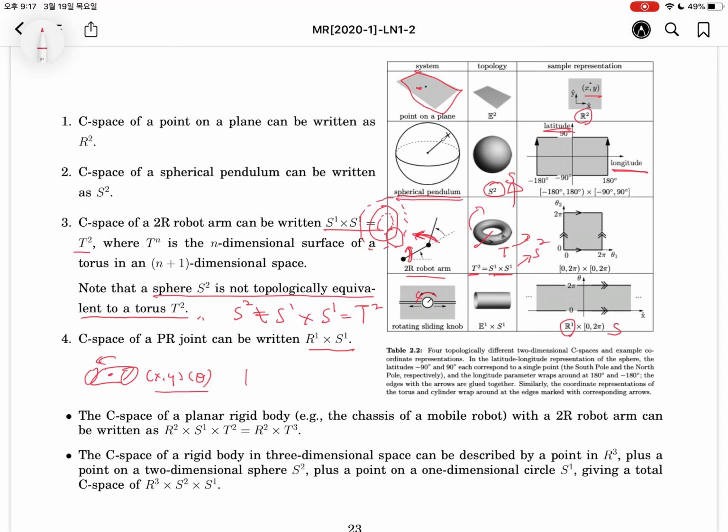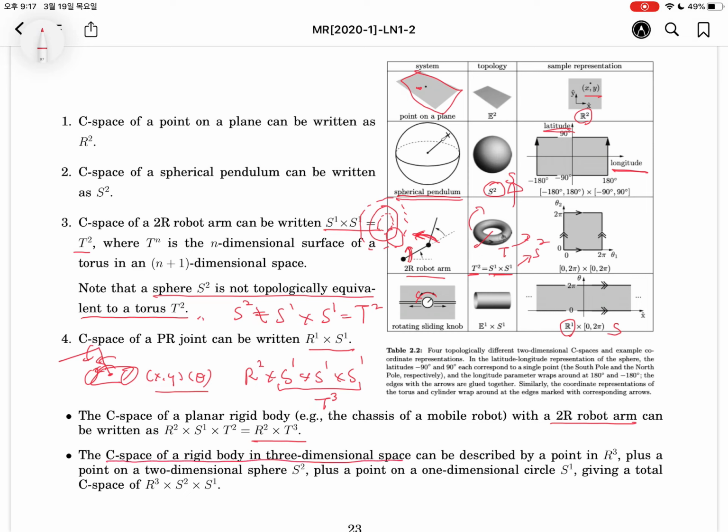So it will be denoted by the R2 times S1. Okay, let's add the 2R: this first R and the second R here. It means S1 times S1. So three S1 can be combined to make the torus T3. So a mobile manipulator with the 2R robot arm can be expressed by R2 times T3.